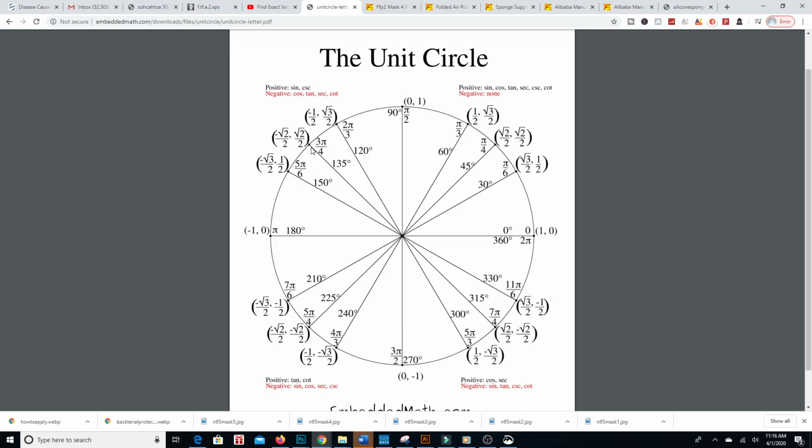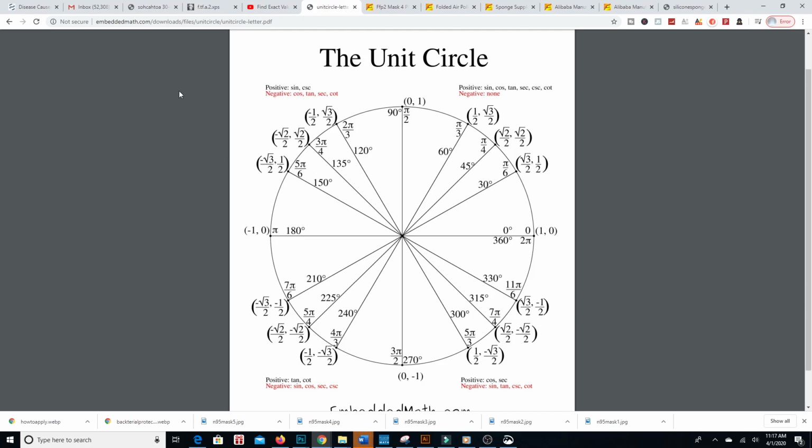Trying to figure out a good way to show you guys this. So it's in the second quadrant, which is this quadrant right here. We're really dealing with a positive sine, and we're dealing with the positive cosecant. Remember the identities I showed you guys before?